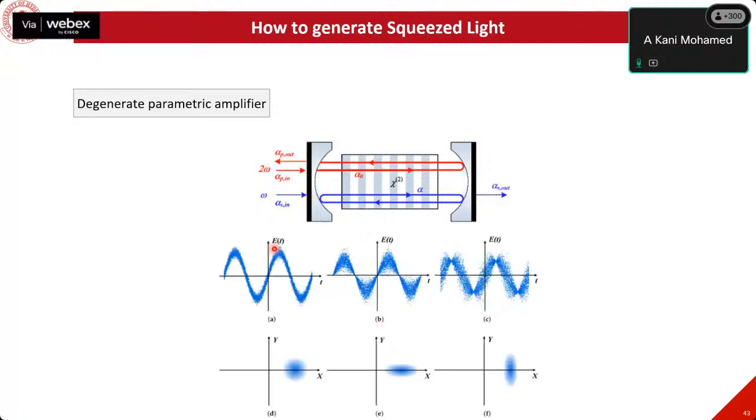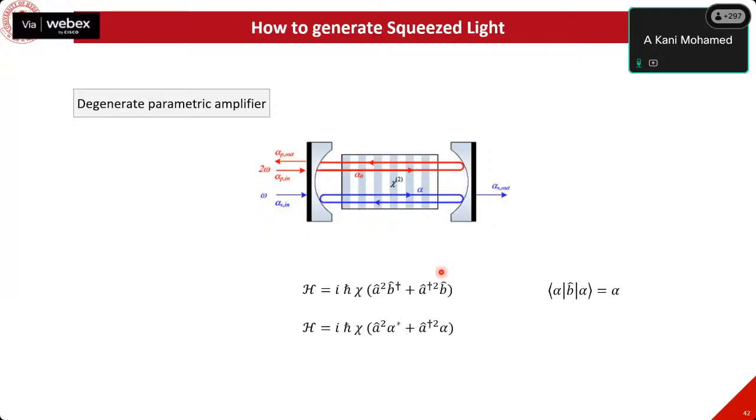So this is a coherent light, but if we drive this parametric amplifier at this frequency, we can generate a squeezed light at frequency 2 omega. This one is about phase squeezing, where the phase is being squeezed, and this one is generating an amplitude squeezing.